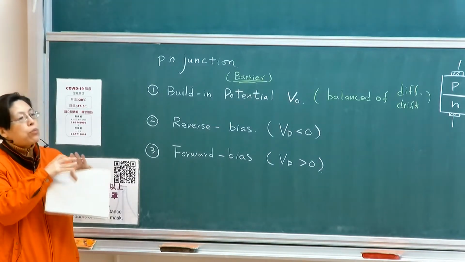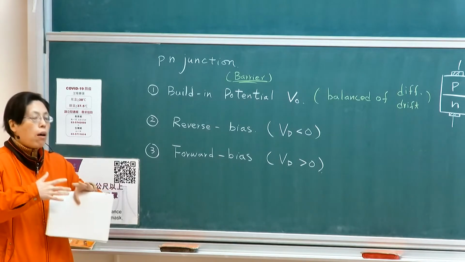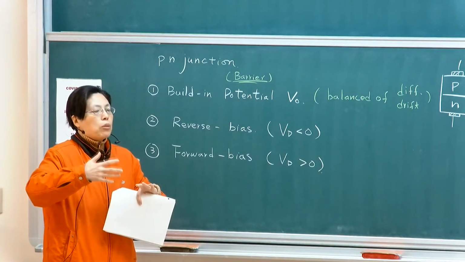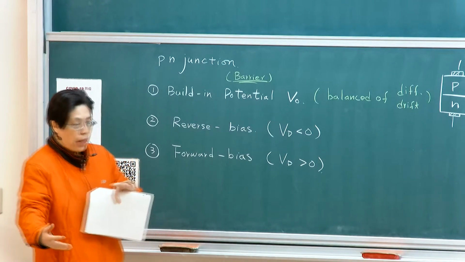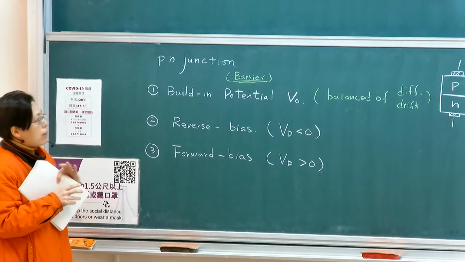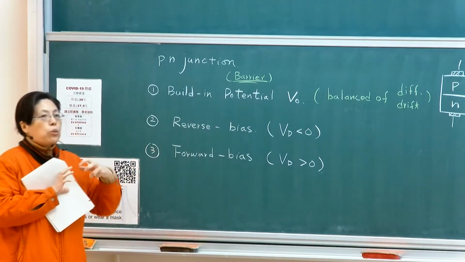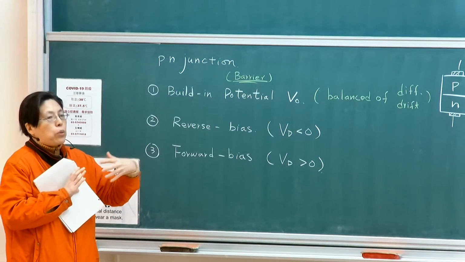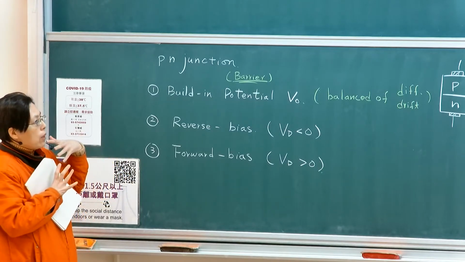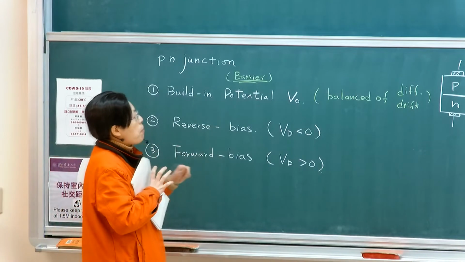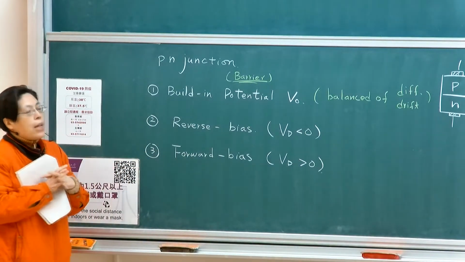Because we have these diffusion forces, the junction automatically generates a barrier that prevents further diffusion of carriers. Therefore, you reach a balance. This is a balanced state that naturally occurs, creating a natural barrier that balances the drift forces. We're going to talk about that a little bit.